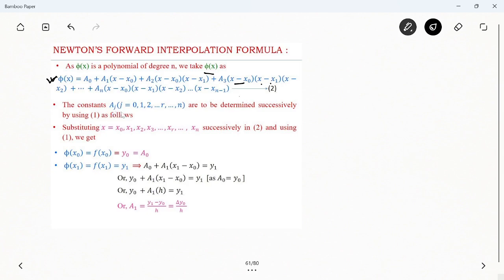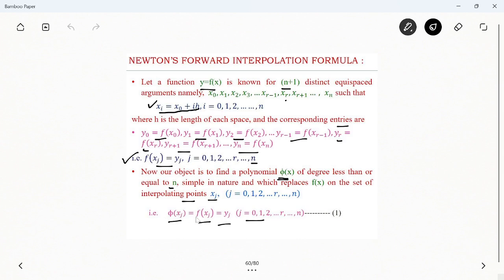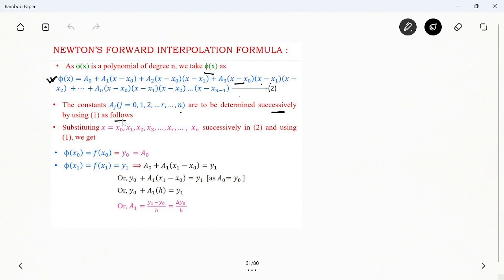The constants aj, j from 0, 1, 2 up to n, are to be determined successively by using 1. What is 1? 1 is the previous condition, phi of xj equals f of xj equals yj. From here we can find the unknown constants a1, a2 up to an.